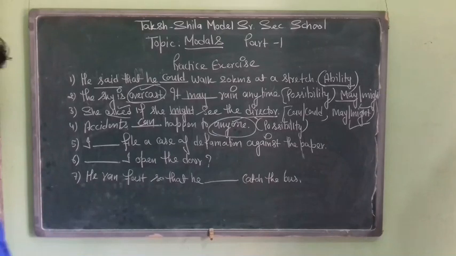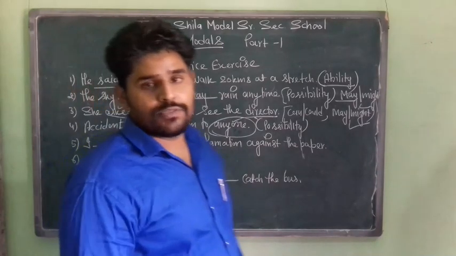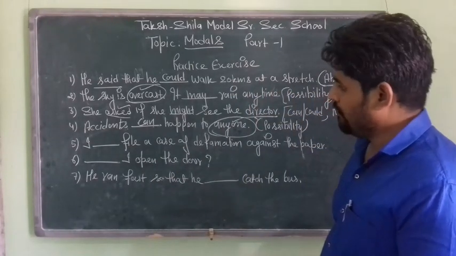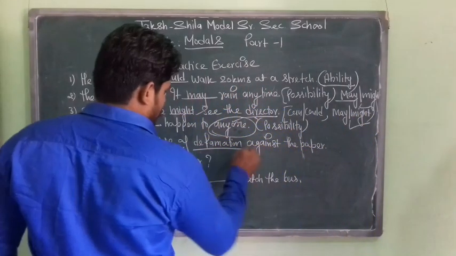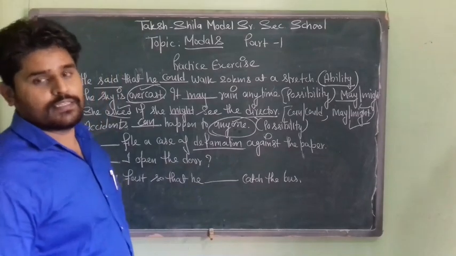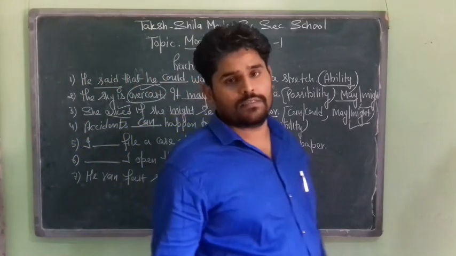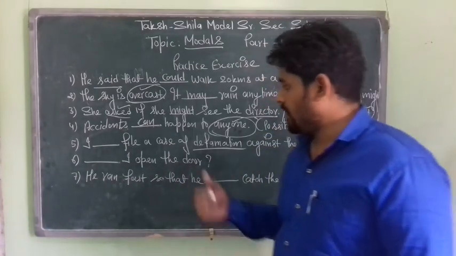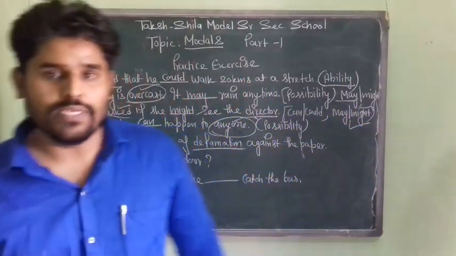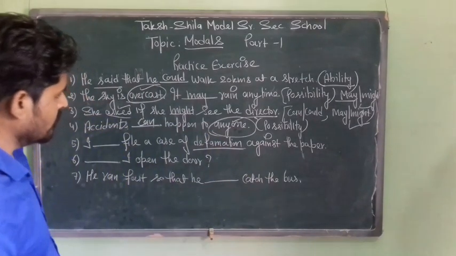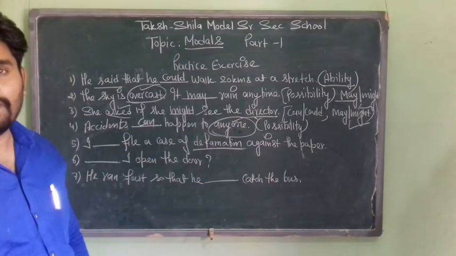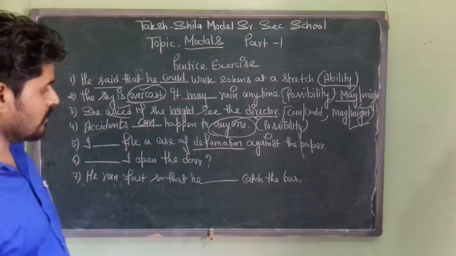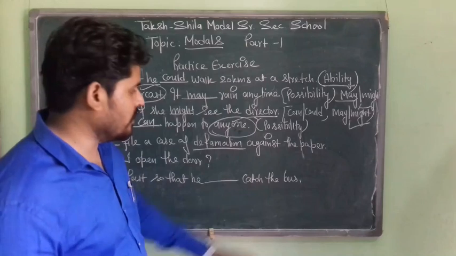Now we have the fifth example, I will file a case of defamation against the paper. Here the word defamation means criticizing somebody's status or defaming somebody, right? So defaming somebody means speaking something bad about someone, especially by writing something wrong about somebody in the newspaper.